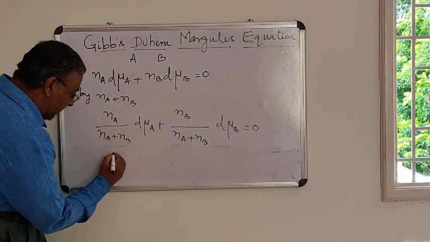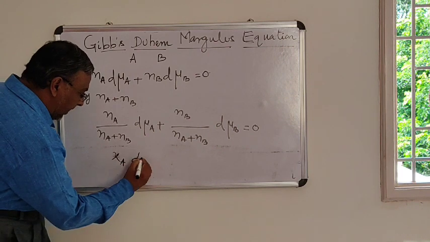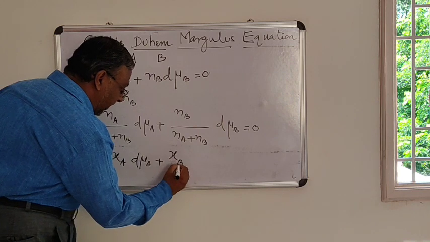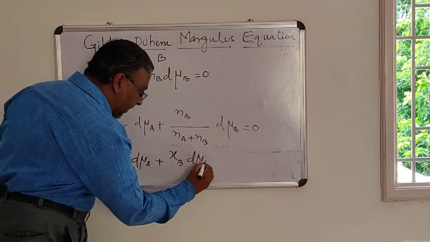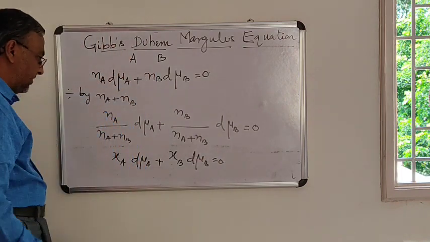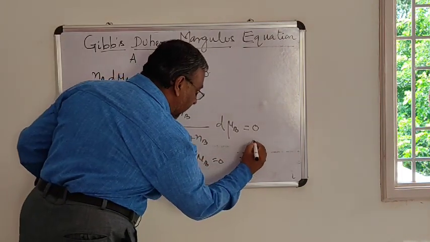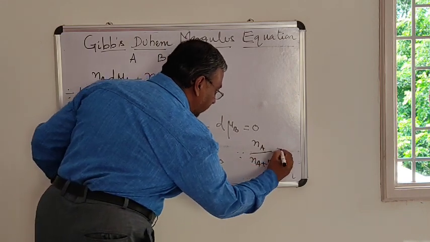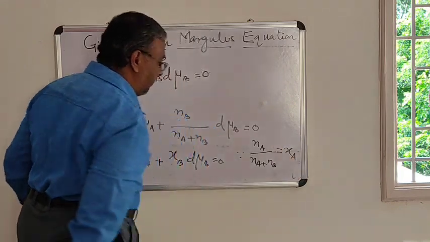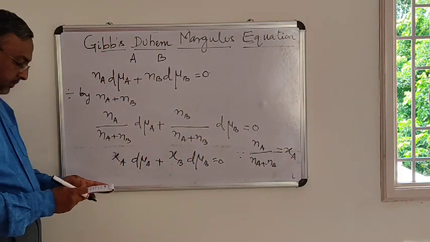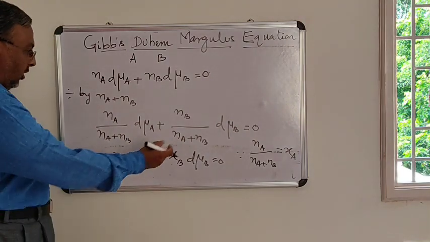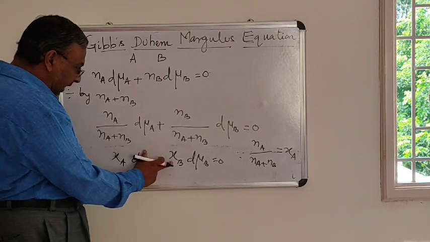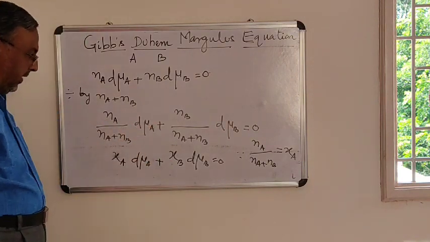Therefore, I can write it as X A d mu A plus X B d mu B equal to 0, since Na divided by Na plus Nb is equal to Xa. So, what is this Xa and Xb? Xa is the mole fraction of A, Xb is the mole fraction of B.